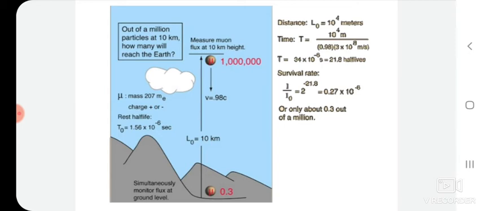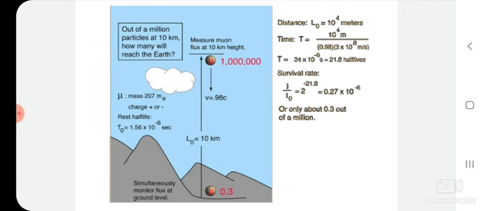A million particles, meaning muons, 10 lakh muons are present at a distance of 10 kilometer, and L naught is equal to 10 kilometer, which is equal to 10 to the power of 4 meter, and we know the mass of a muon is equal to 207 times the mass of an electron.